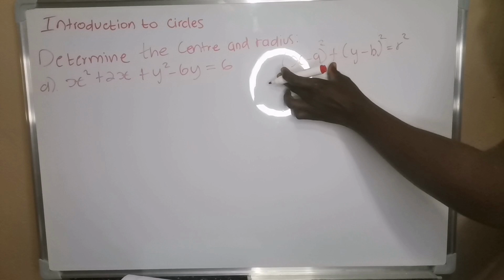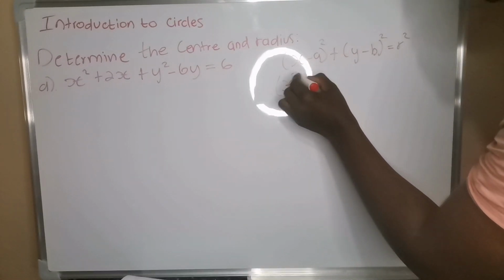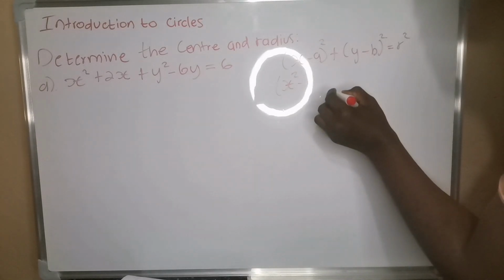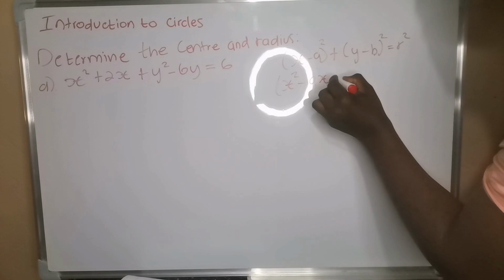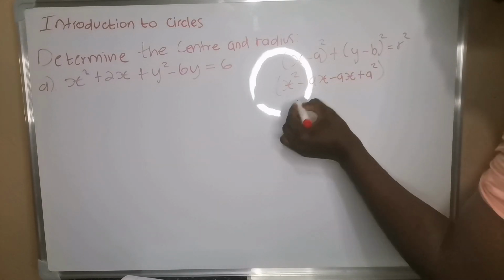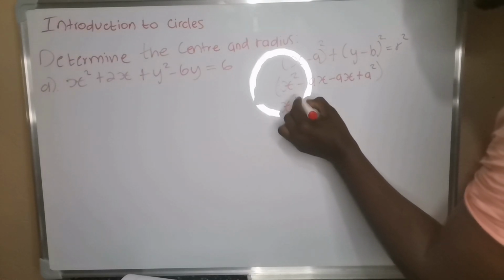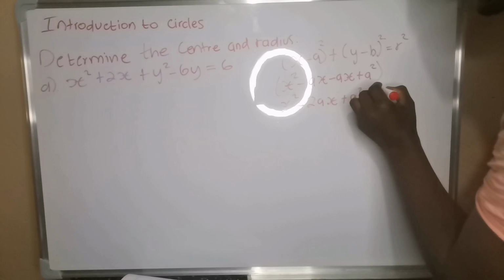If I open the brackets through FOIL, I'm going to have x squared minus ax minus ax plus a squared. Then I'm going to be left with x squared minus 2ax plus a squared.